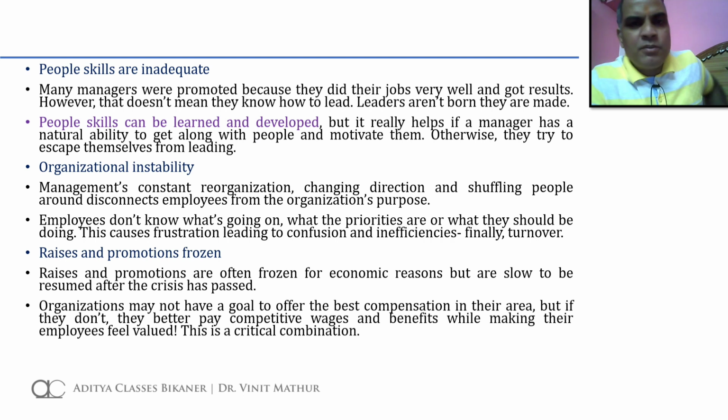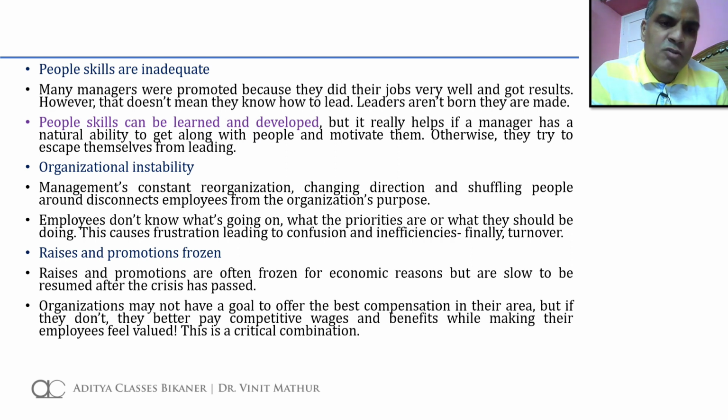So many times managers are lacking in people skills or human relation skills, so they are not good for the other employees, and in this case the employees quit the organizations, because we already discussed that normally people don't leave organizations, people leave the other people or managers.